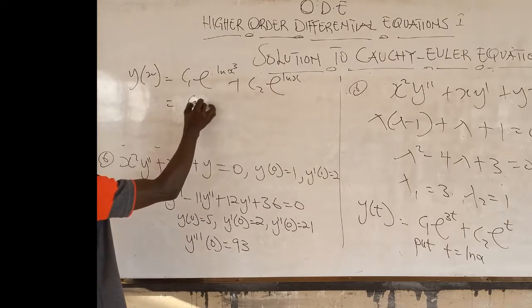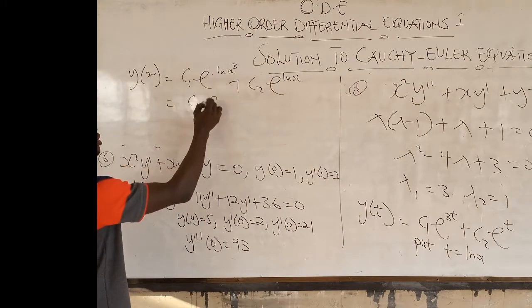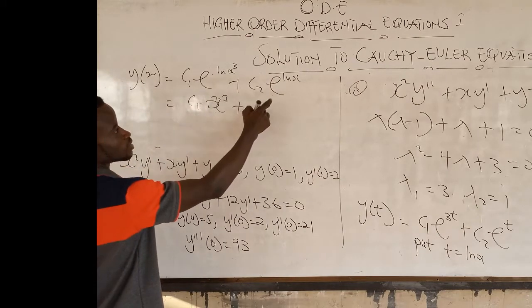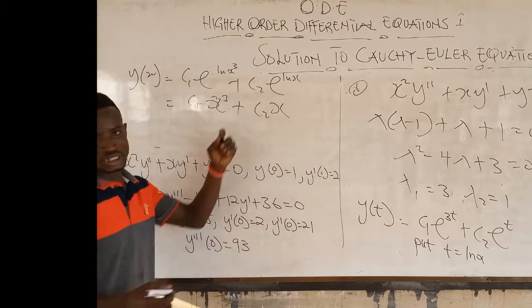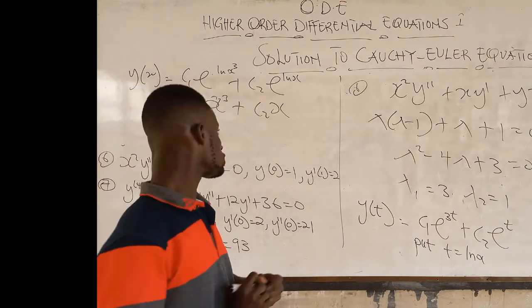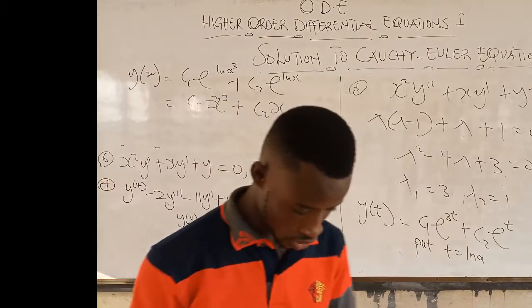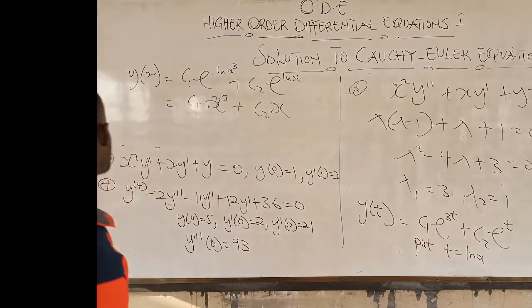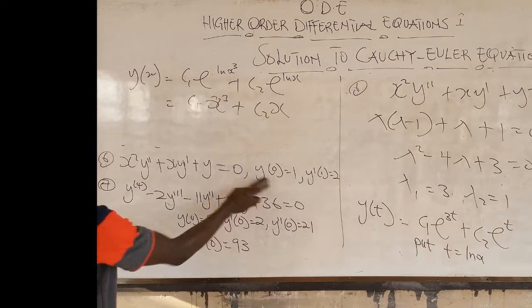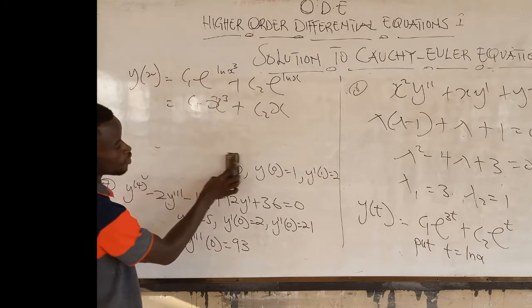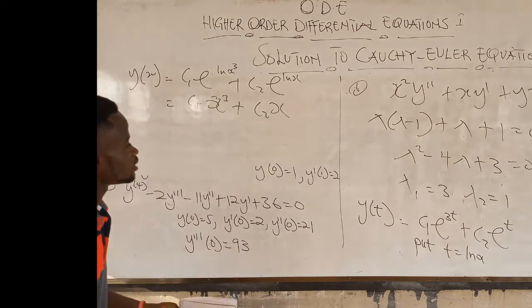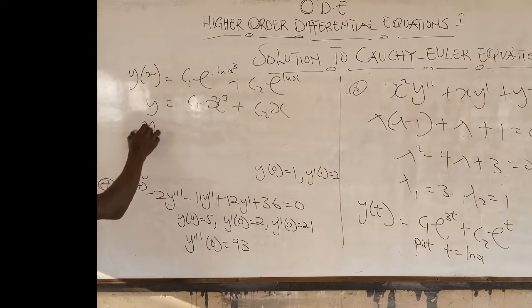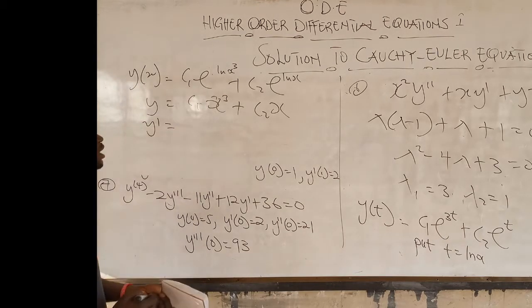So you get C1... F equals A plus. So this is going to be a general solution. Alright. But because of this initial value, then we need to go and differentiate this y. We need to go and find the first derivative.